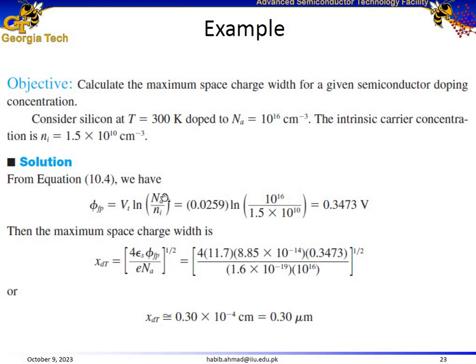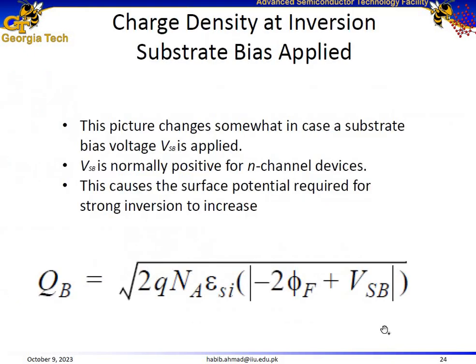Vt is the thermal voltage, N A is the acceptor doping given in this example, and n i is the intrinsic carrier concentration. Then replace the value of phi Fp, which will result in the calculation of the maximum space charge width, or the maximum depletion width at the threshold voltage. It comes out to be 0.3 micrometers.